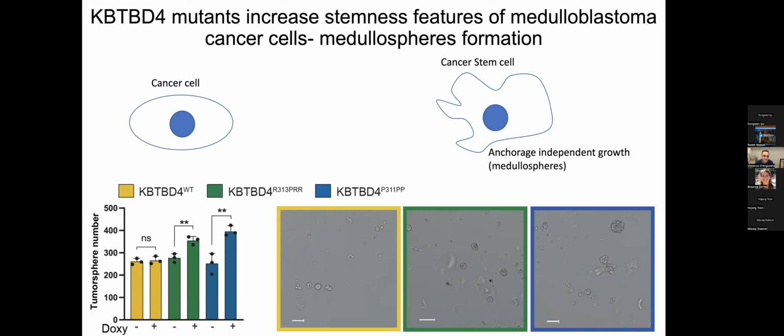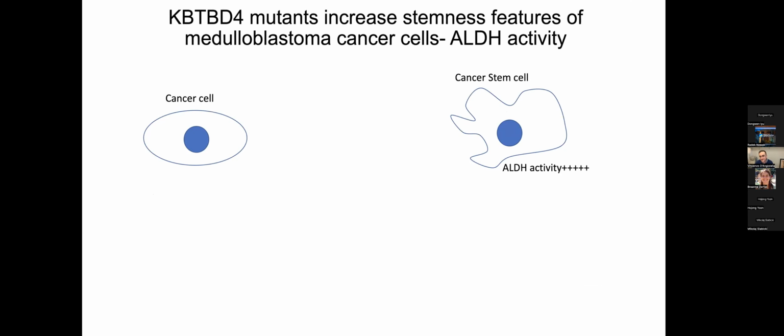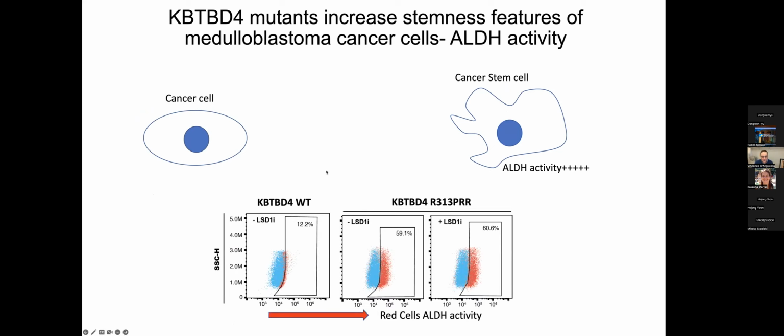which is a characteristic of stem cells. Another characteristic of cancer stem cells is an increase in aldehyde dehydrogenase activity. And this is very easy to measure because there is a model substrate that can be converted and used for FACS analysis. The model substrate turns cells red, and you can easily see it by FACS.